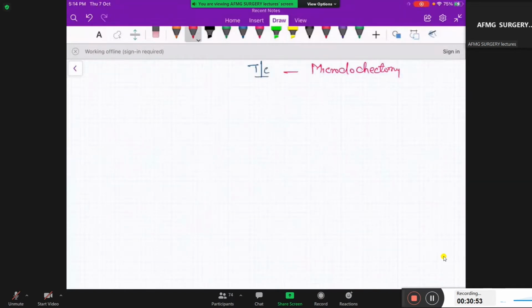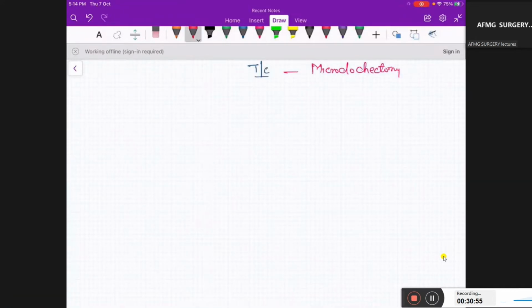Now then comes mastitis. What do you understand by mastitis? Inflammation of the breast. Okay, now what is important here to understand?